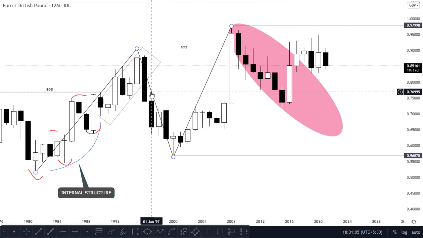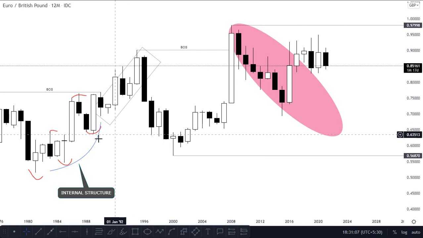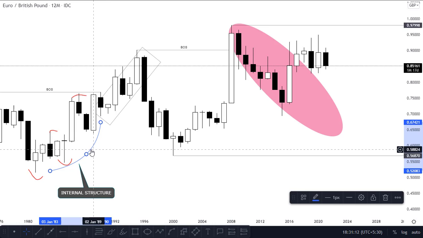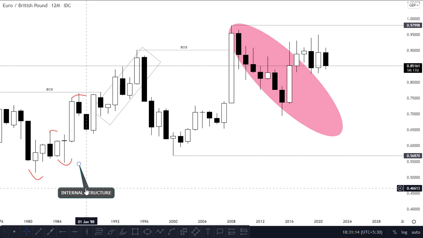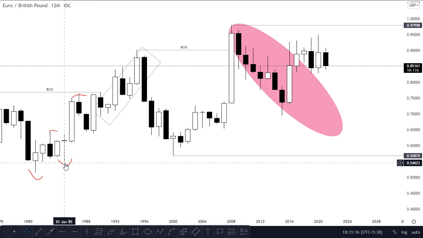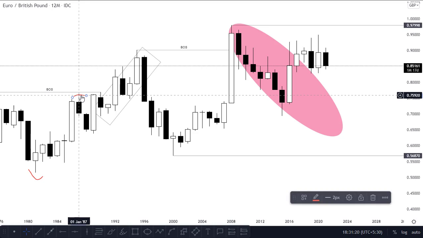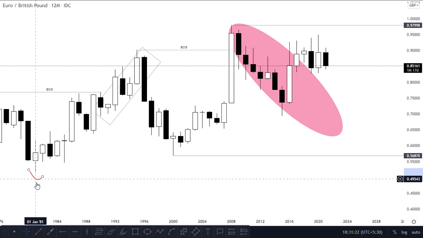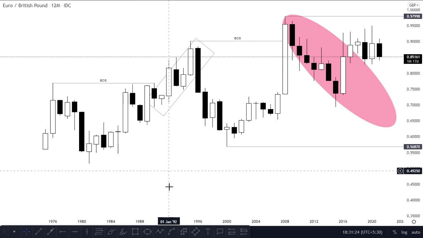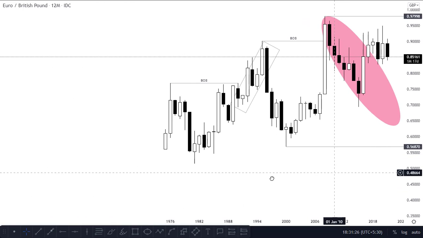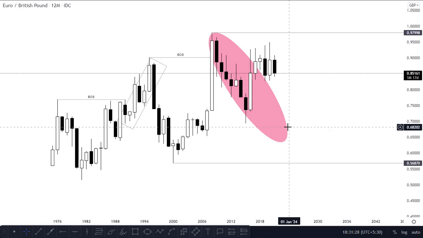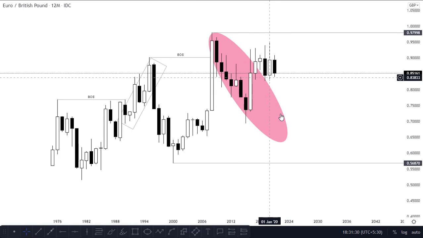So if we remove this and this, of course you know that that is the structure. We have to keep our chart sexy, so we need to see exactly what our pair is doing. Now we know that on a higher time frame, this pair is totally in a pullback.